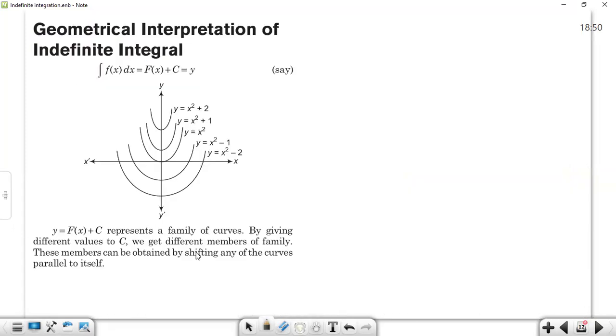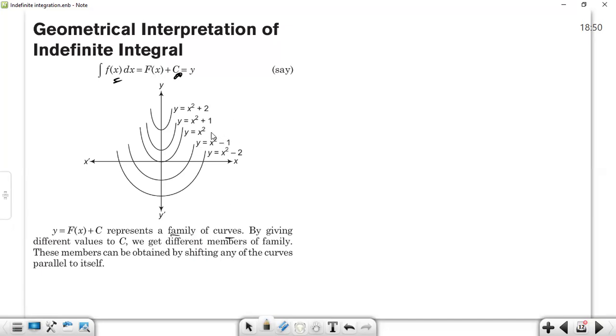So what lies ahead? Geometrical interpretation of indefinite integral. As we have already discussed about indefiniteness of an integral, whereas if we are integrating some function, there will be a constant which is not known to us because it is indefinite. So f x plus c will be representing a family of curves, right?